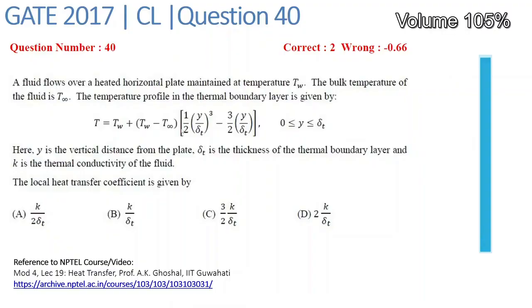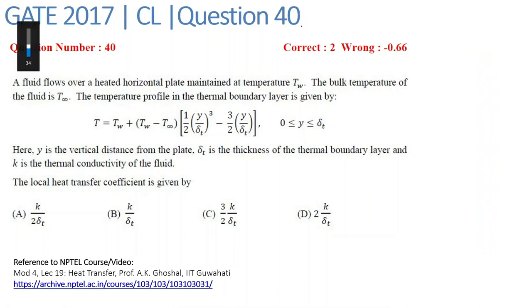Hello everyone. We are looking at question 40 of GATE 2017 chemical engineering paper from the subject of heat transfer. The question is, a fluid flows over a heated horizontal plate maintained at temperature Tw. The bulk temperature of the fluid is T infinity.